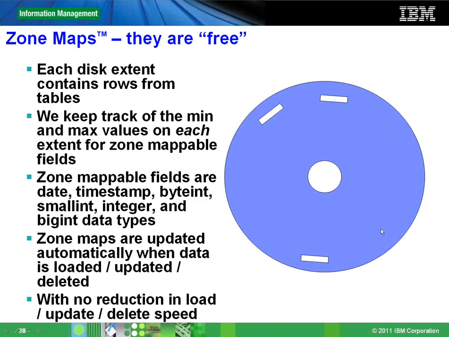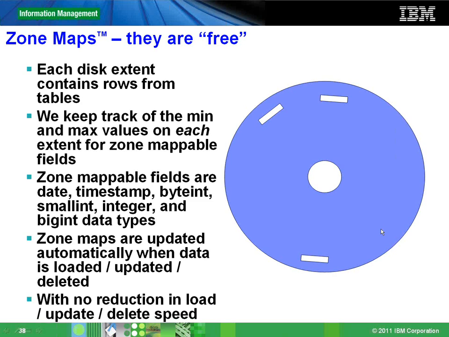So in a table, if you have date, timestamp, small int, integer, big int data types, and you've loaded data, so for each extent, Netezza will keep track of which is my smallest minimum date here and which my maximum date for that particular extent is. If you note, the non-zone mappable fields, as in fields that cannot have zone maps on them, include characters, varchars, and even floats and real numbers.